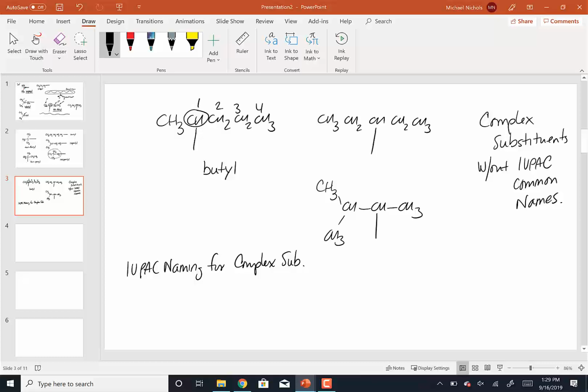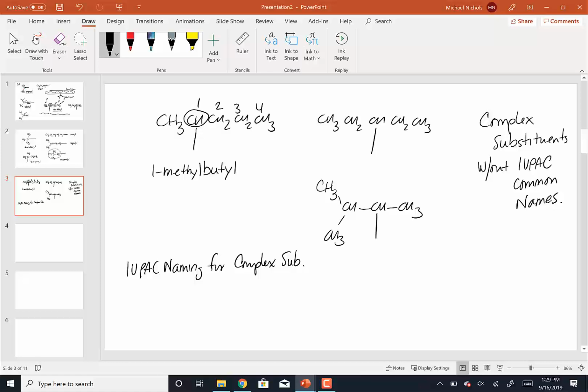And what's attached to the butyl group? At carbon 1, there is a methyl. So this would be a 1-methyl butyl group under the IUPAC rules for naming complex substituents.